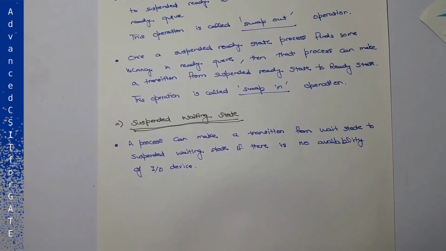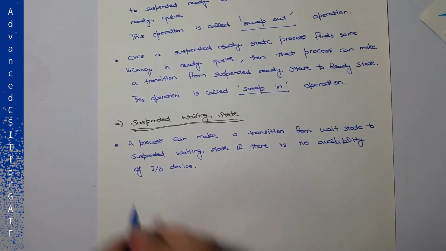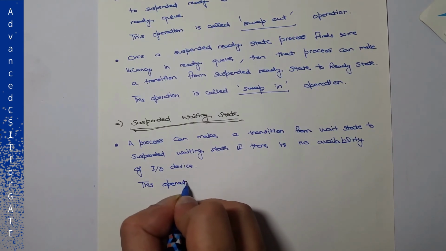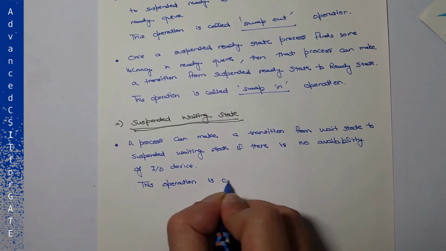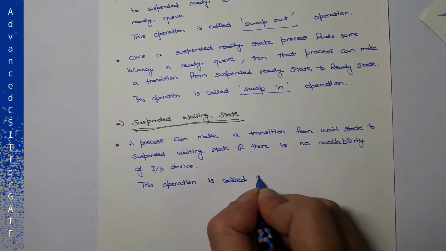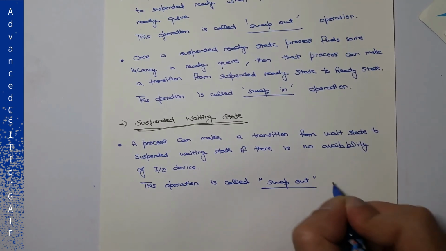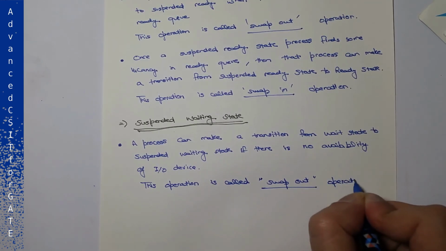There the ready queue was filled, but here the input output devices is filled. This operation similarly is called swap out operation.